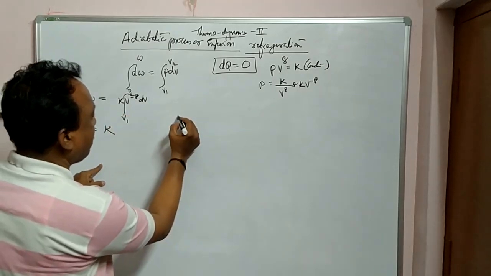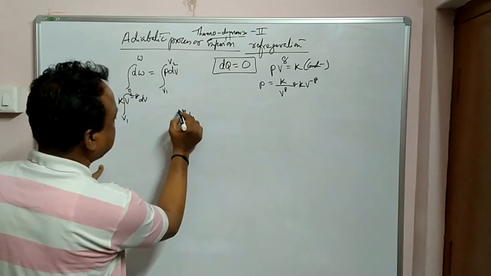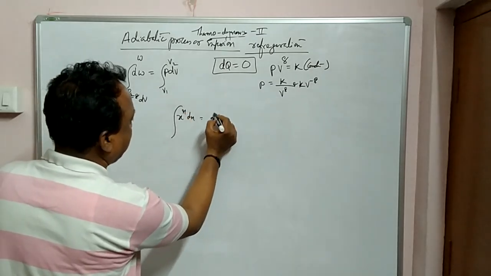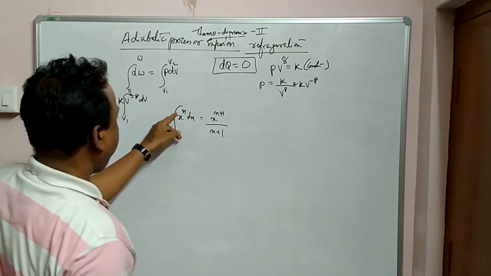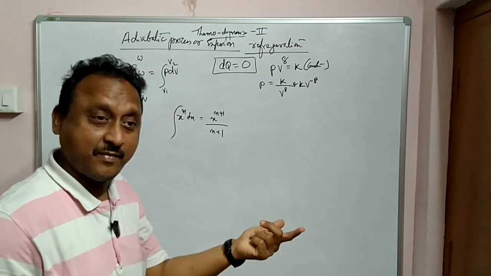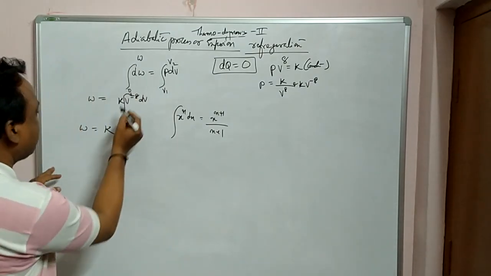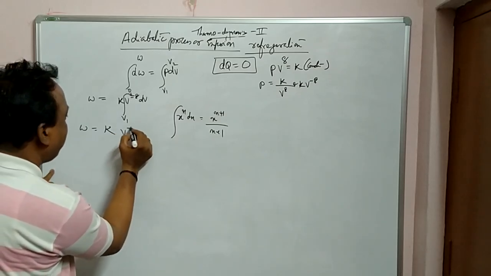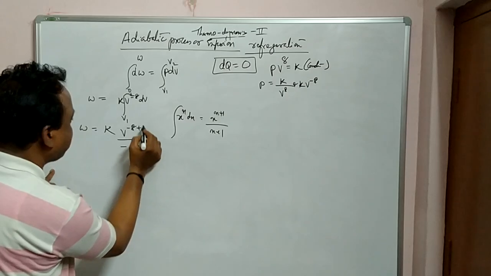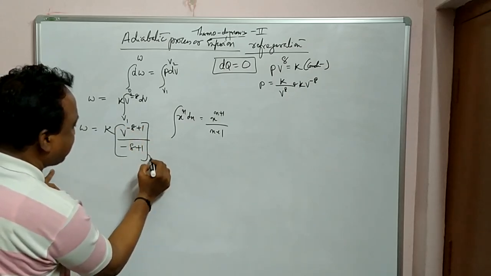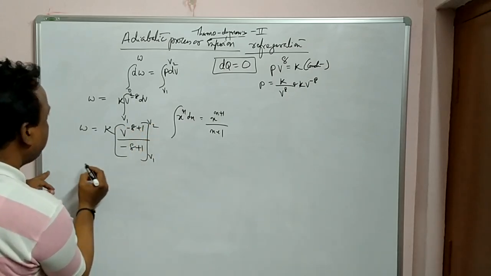This is nothing but in the form of integral of x power n dx, that is x power n plus 1 by n plus 1. So here, V power minus gamma plus 1 by minus gamma plus 1, the integration formula, with limits V1 to V2.